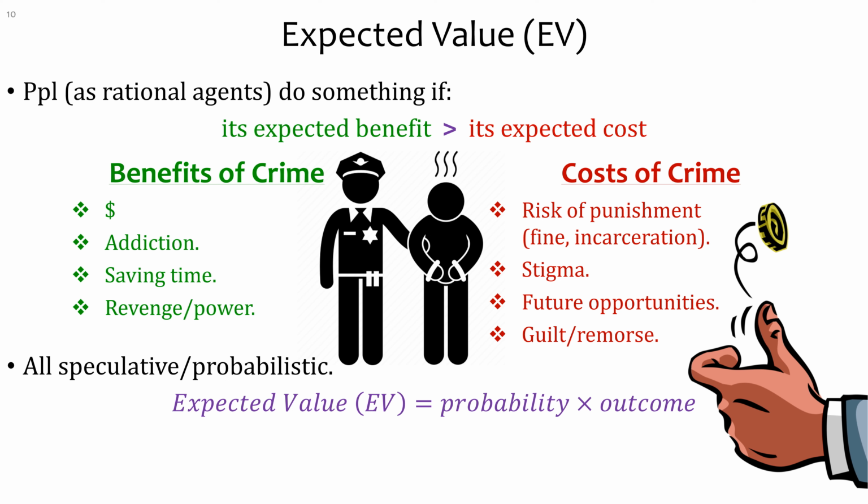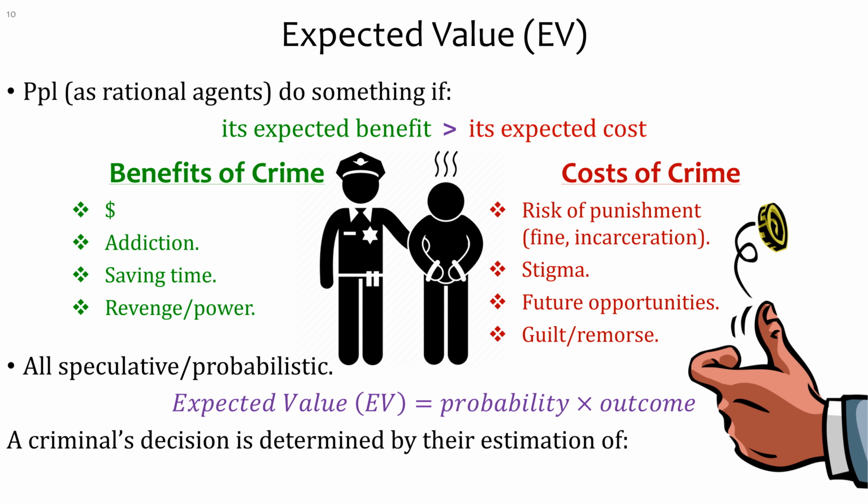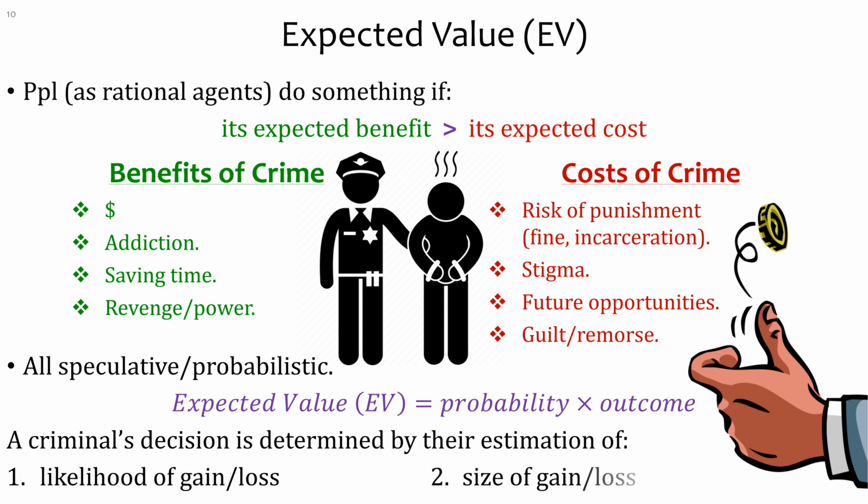So criminal behavior is absolutely no different from any other human behavior. This analysis is applicable to everyone and every choice. Of course, remember the two conditions, society at large and in the long run. So exceptions aside, this is the power of rational choice theory. The criminal's decision will depend on two things given this formula, the likelihood of gain or loss and the size of gain or loss.